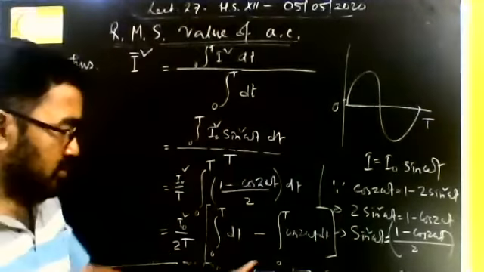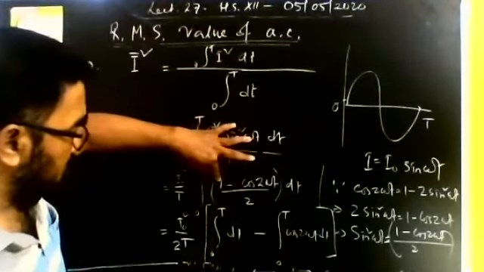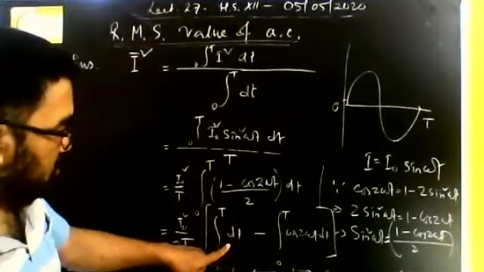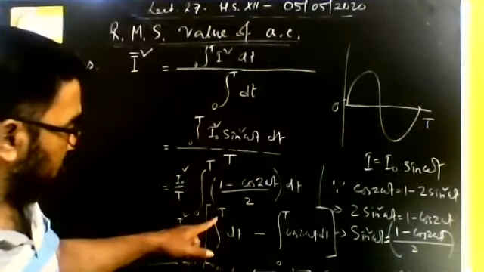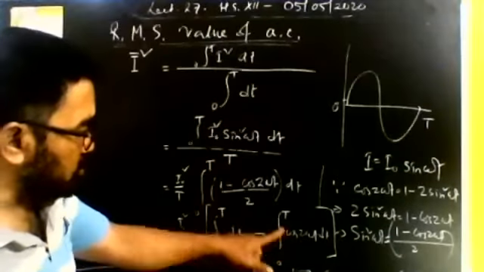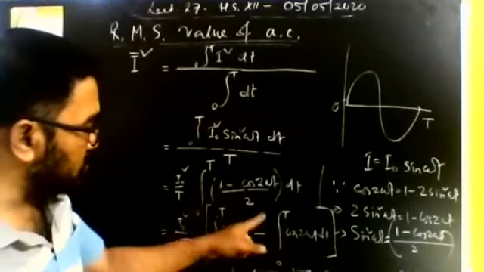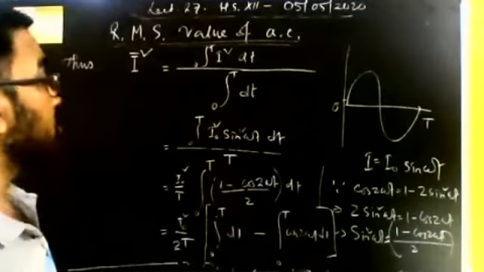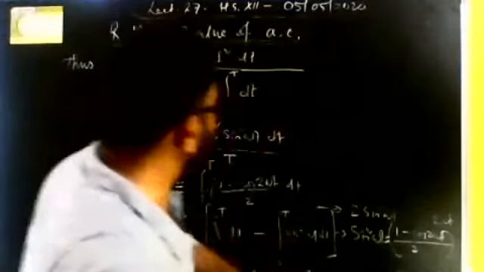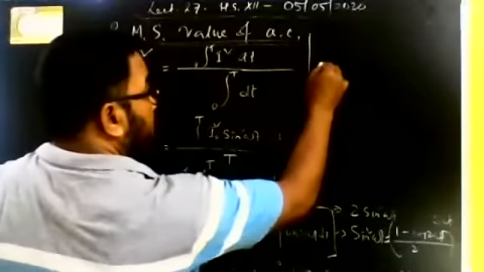So this is the integration, separating this, 2 is taken out. 1 dt, integration 0 to capital T, and minus cos twice omega t taken separately, this next term 0 to T integrating dt. Now just you have to simplify, you have to integrate. Very simple. Okay. Let us integrate this.